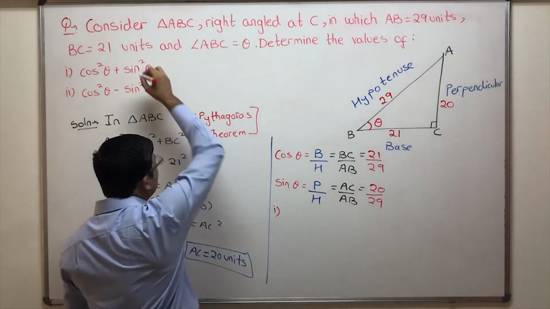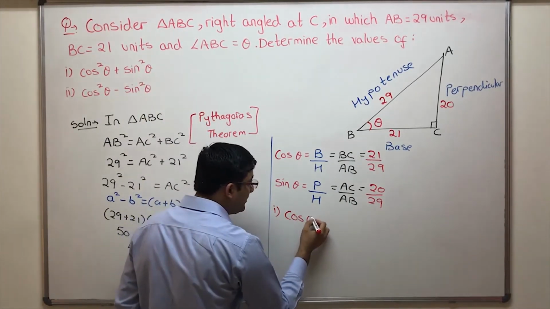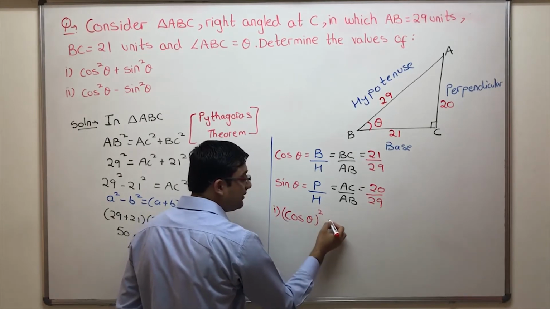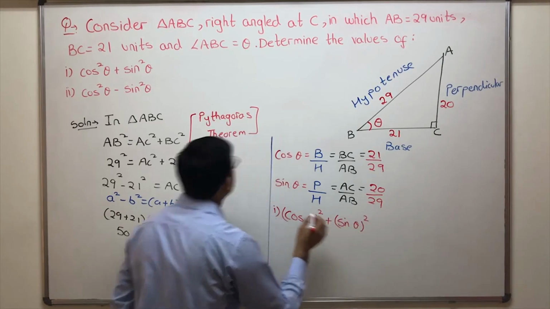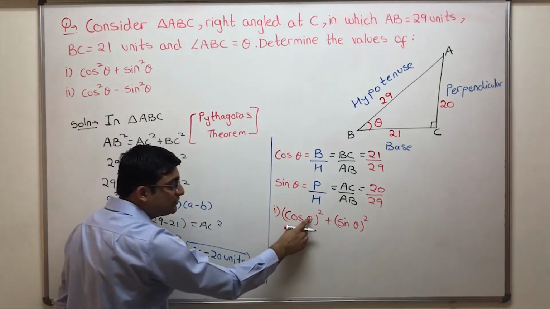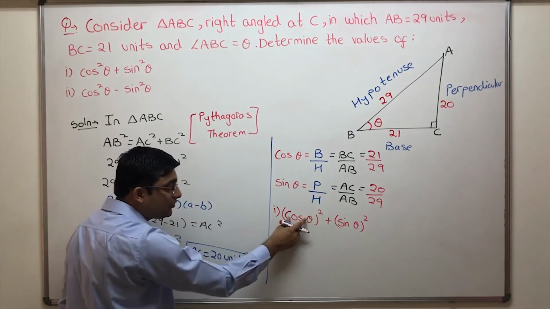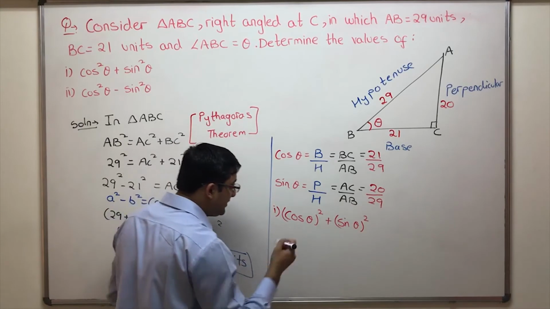We have to find cos square theta plus sin square theta. Cos square theta is nothing but cos theta the whole square, plus sin square theta is nothing but sin theta the whole square. Instead of writing cos theta square, we write cos theta the whole square, which is cos square theta. Is this clear? So let's plug in the values.